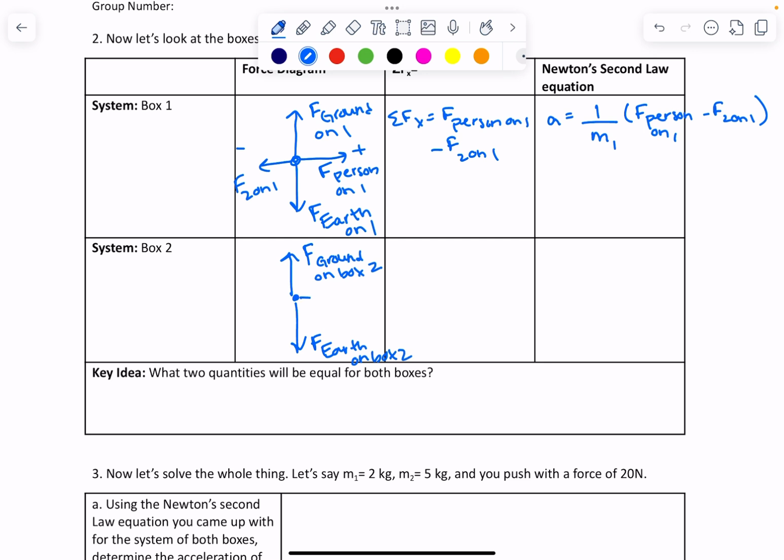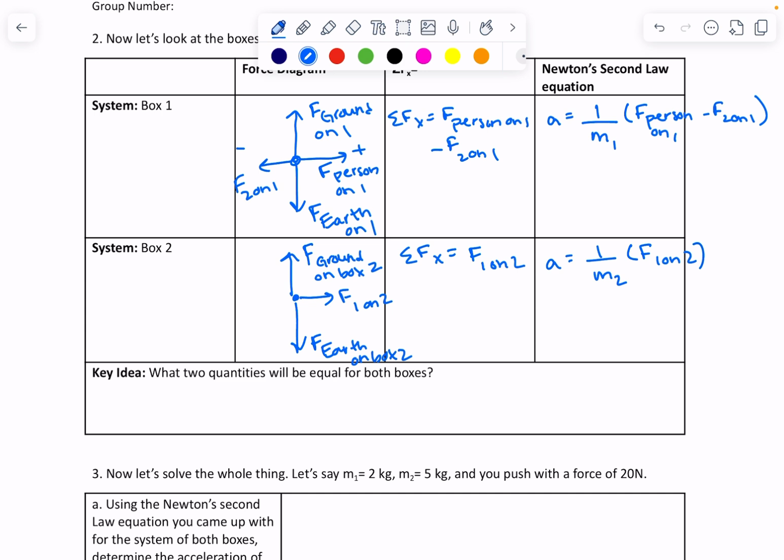And then we have force 1 on 2. Okay? So in this case, my sum of the forces is only force of box 1 on 2. So my acceleration equation is going to be 1 over m2, mass of box 2, times force 1 on 2.